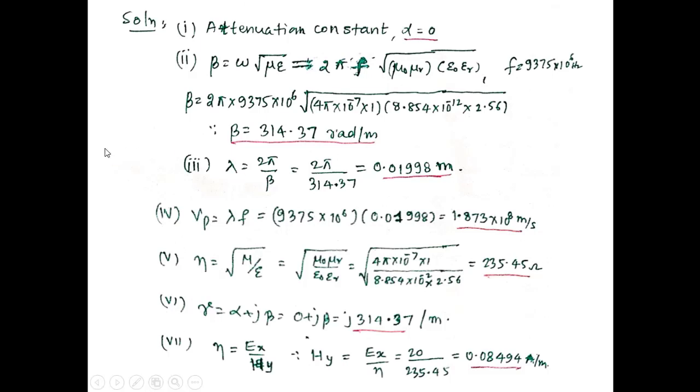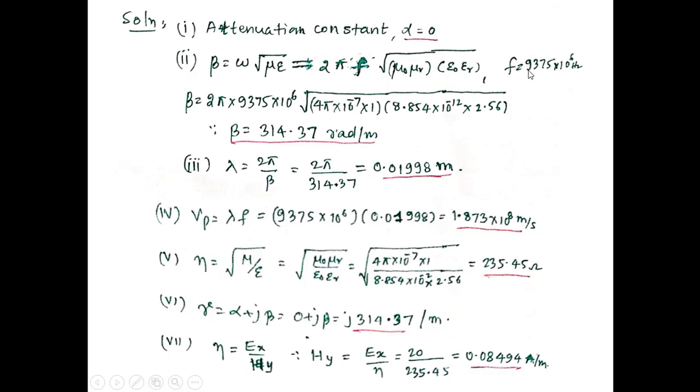So here attenuation constant alpha is equal to 0 because it is lossless. And beta is given by omega into under root of mu epsilon, where omega is equal to 2 pi f.